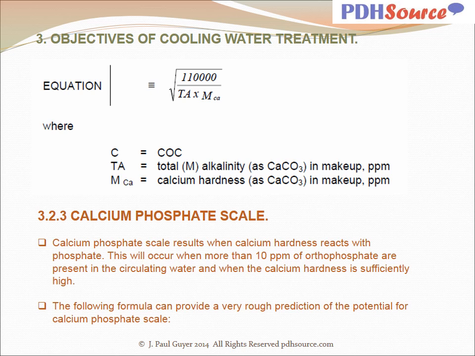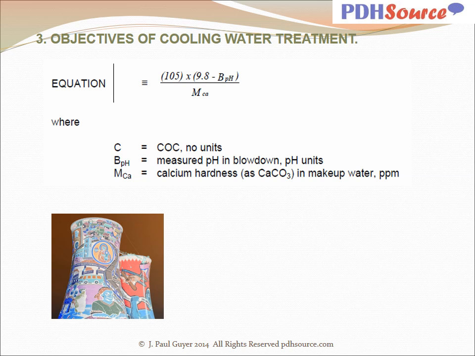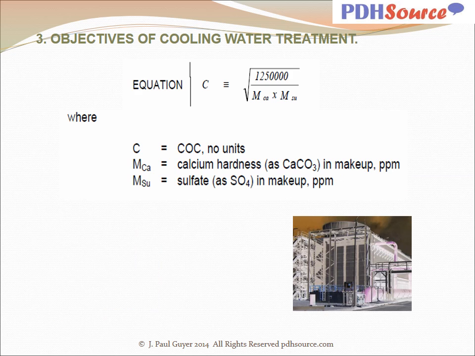The following formula can provide a very rough prediction of the potential for calcium phosphate scale. And that is the equation indicated on this slide, number 53. Continuing on to the slide, number 54.